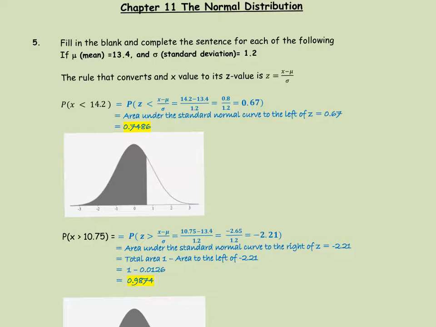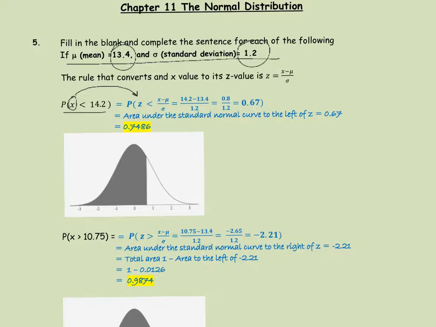So let's look at a certain normal distribution with mean 13.4 and standard deviation 1.2. What is the probability that x is less than 14.2? Remember that x is the variable in the regular normal distribution, but now we have to standardize it and change it to its value in the z distribution.